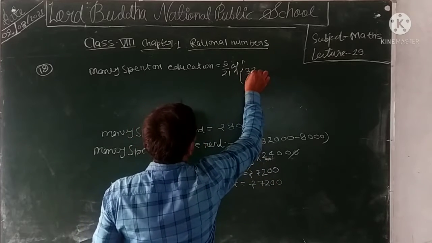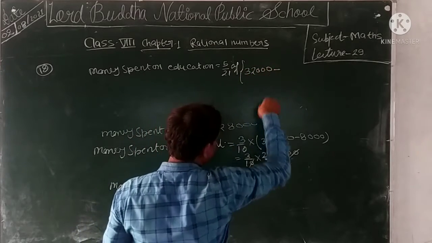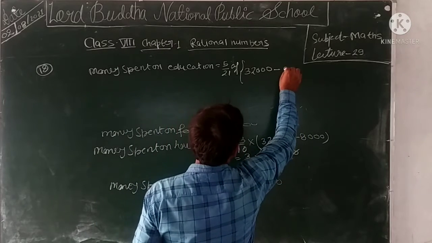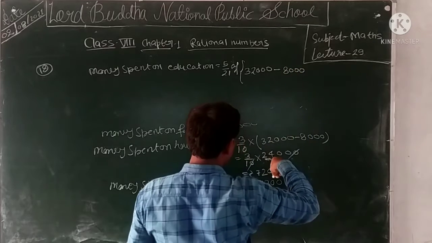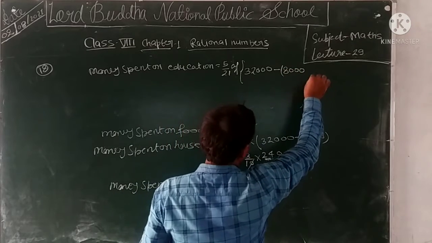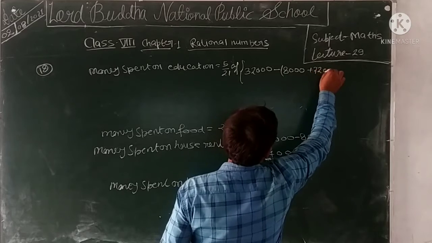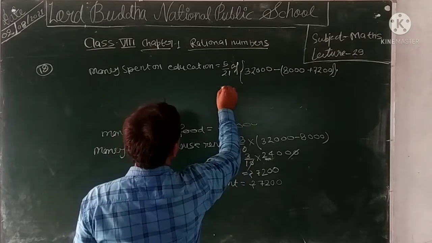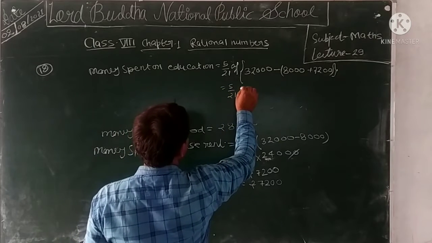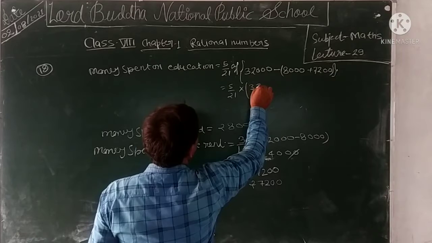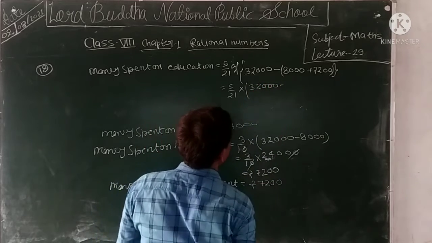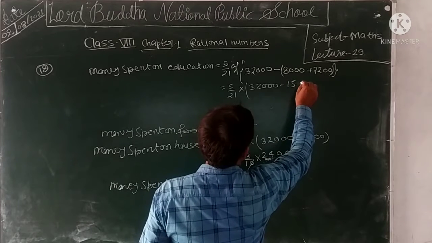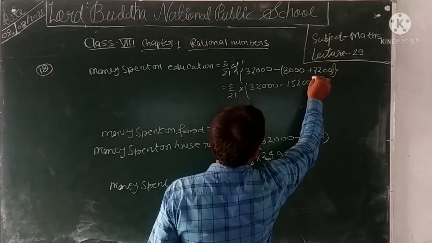Means here 32,000 minus 8,000 plus 7,200, means 5/21 into 32,000 minus 8 and 7 is 15, 15,200.